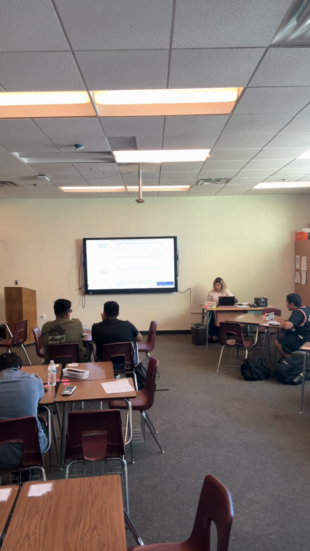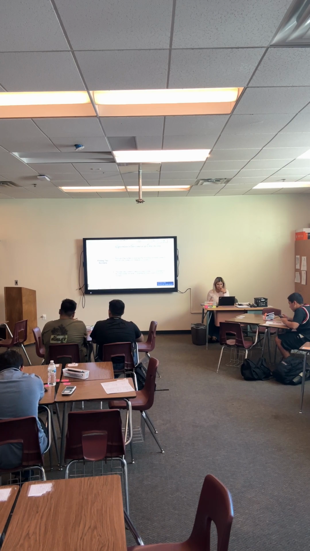So we're going to start putting the equation together. Let me move this up a little bit more. I'll give you a few minutes to write it down. And remember that let x equal a number.